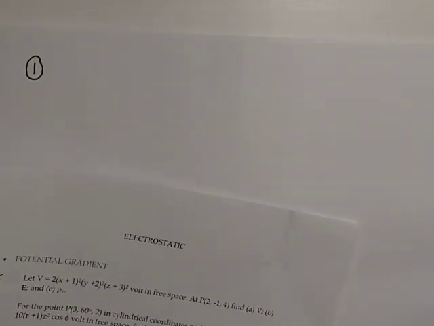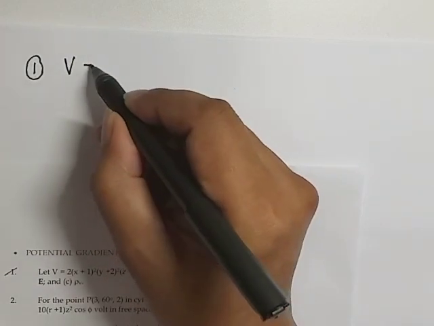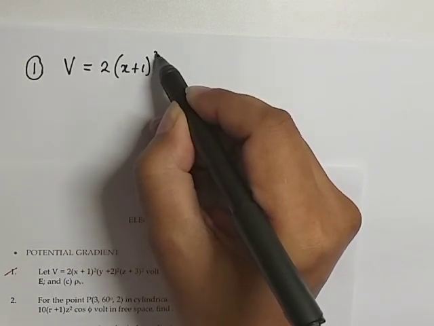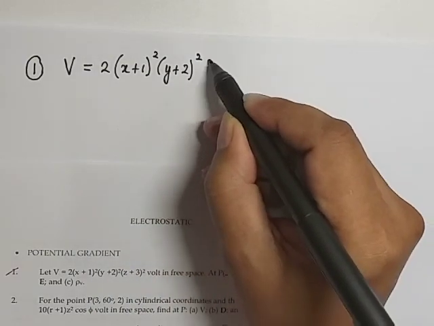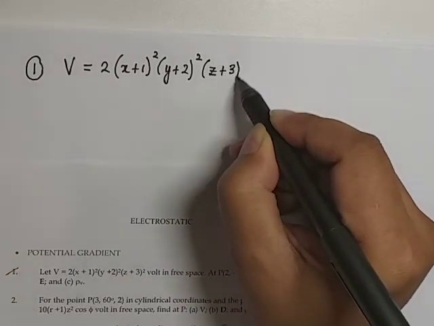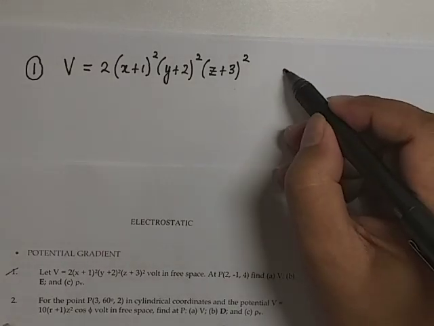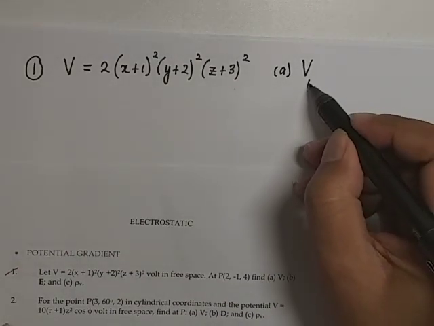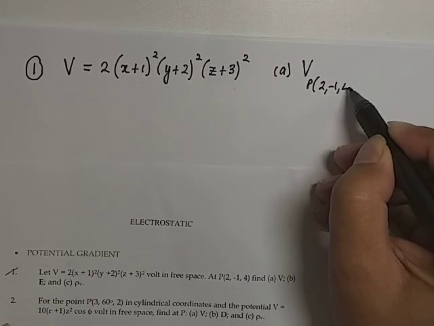Handout number 7, question number 1. So V is given as 4 times (x+1) squared, (y+2) squared, (z+3) squared. For part A, what is the V at position (2, -1, 4)?